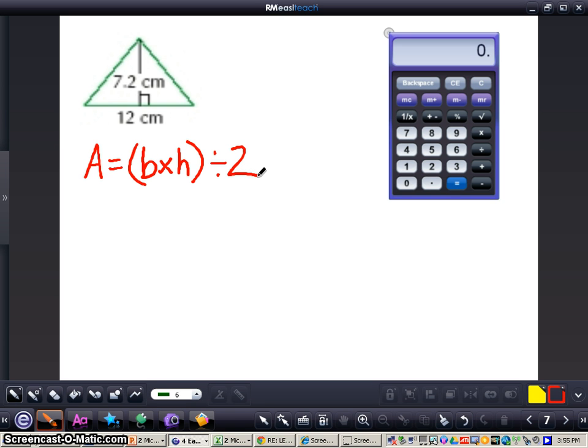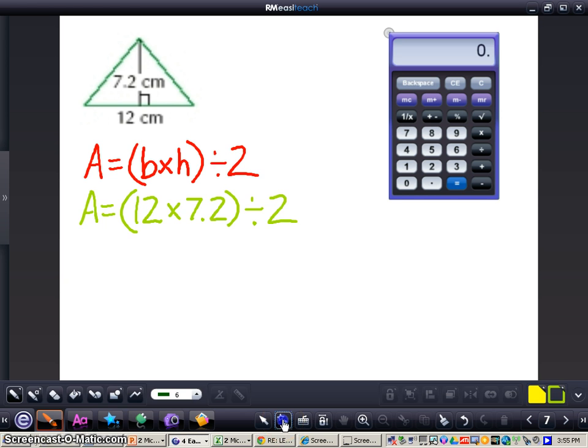Now my next step is we're going to plug in our numbers into the formula. So area equals the base, which is 12, times 7 2/10 divided by 2. And it's important to put your parentheses there so we can remember the order of operations.